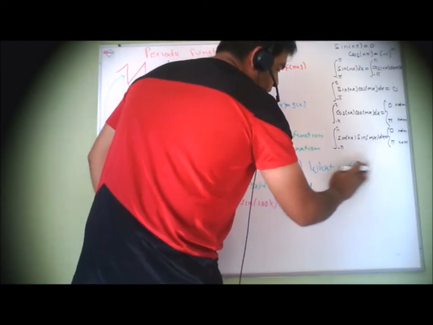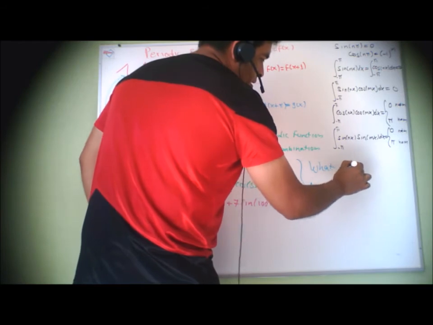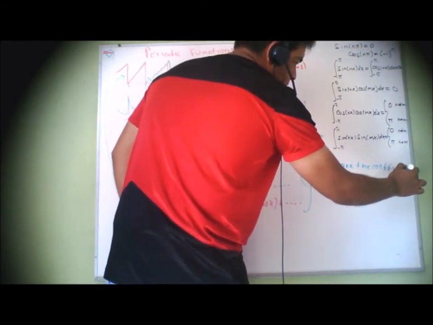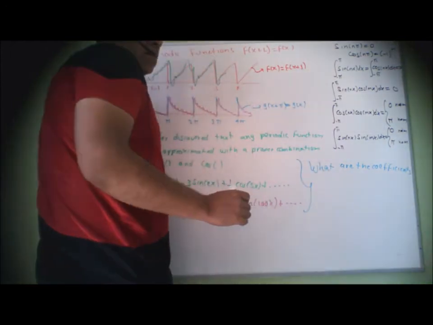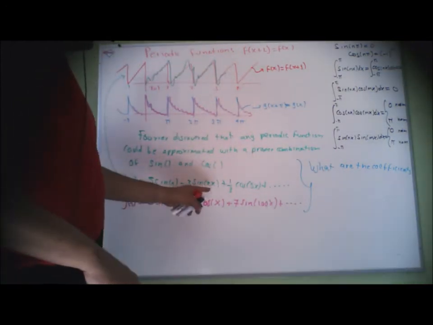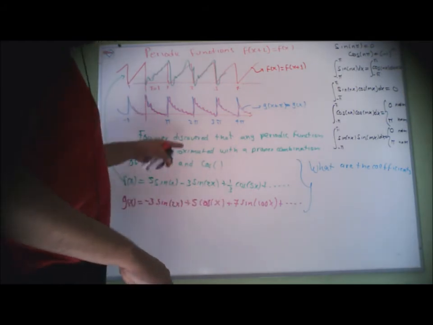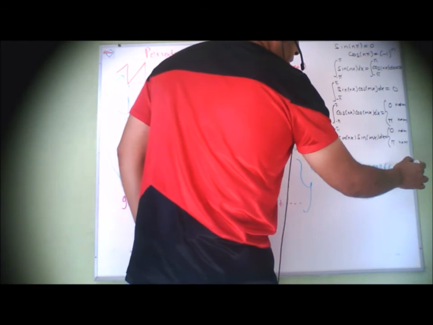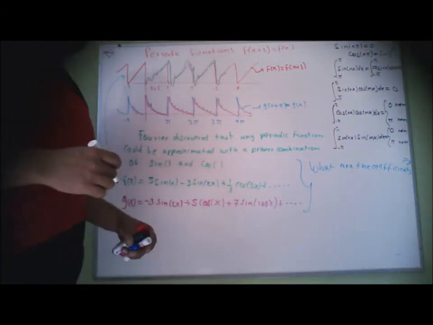What are the coefficients? That is actually the task of this unit, to find out what these proper coefficients are to make this equal. Our task is going to be these coefficients.